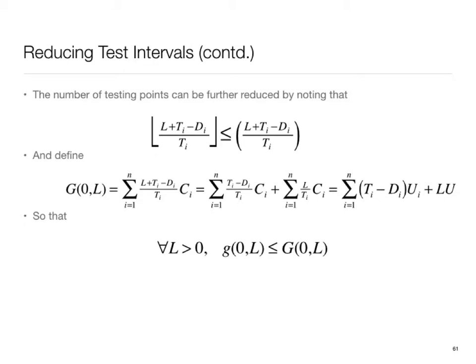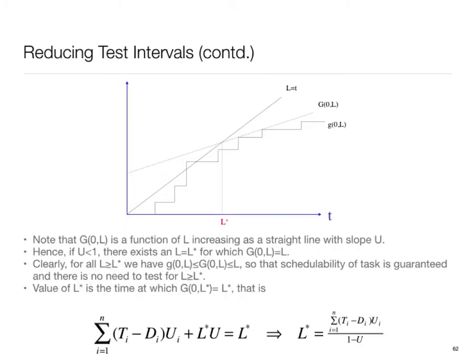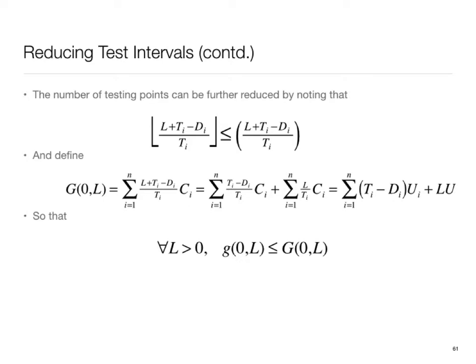And the final simplification is that the ceiling is less than or equal to the number without the ceiling. So now we define another variable, uppercase G, where we don't have the ceiling function, and we simplify this, and it becomes like a straight line. I had the original little g, which is a demand function, and now I have an upper bound on it, uppercase G, which follows from removing the ceiling.